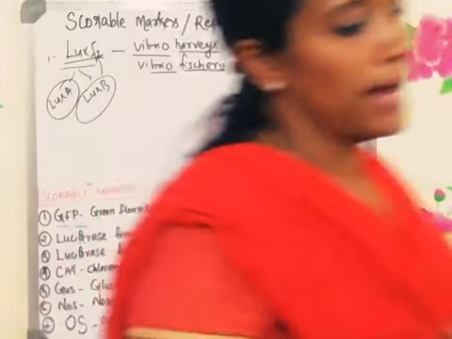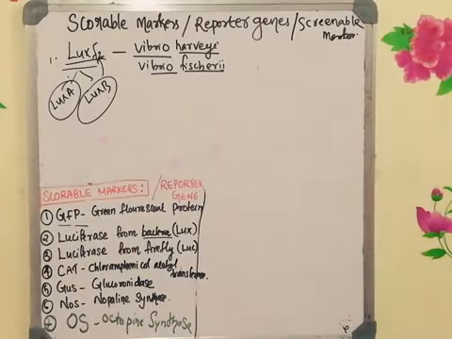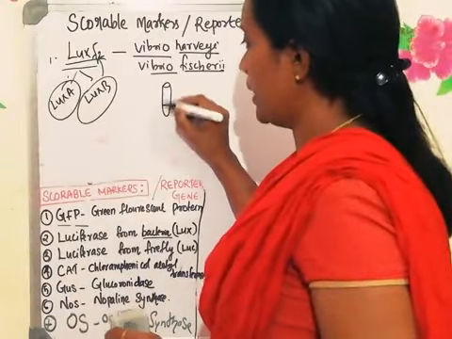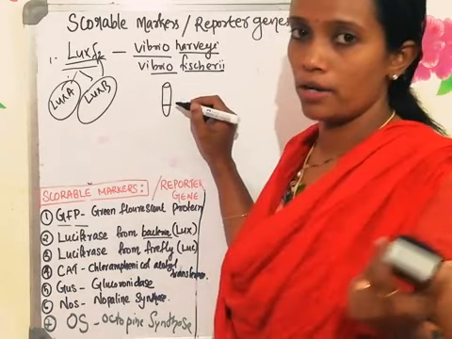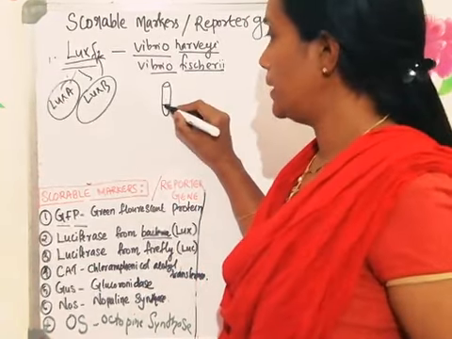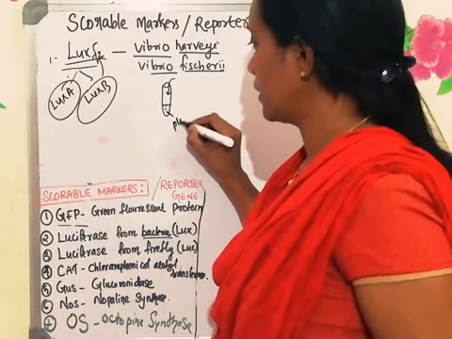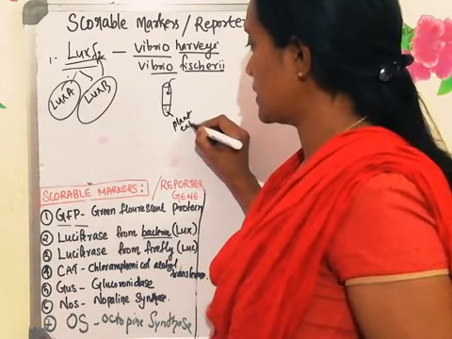Once the plant extract is ready, you need to add two things into it. How will you make the plant extract? You add buffer to a small part of the plant, grind it properly, and you get the plant extract in the test tube.